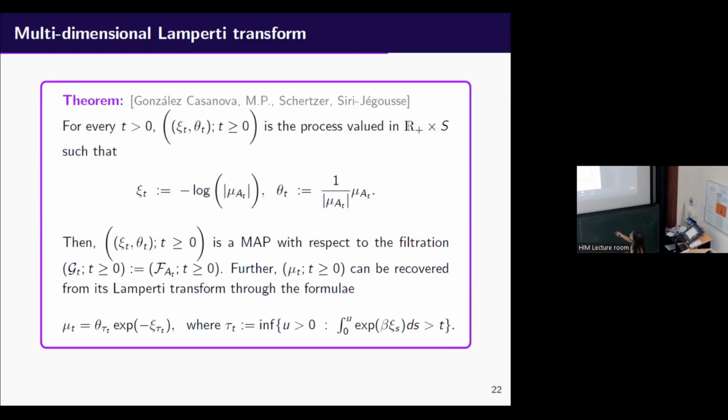Okay, so what we prove is that if we take the multidimensional Lamperti transform, then you have this process psi t that is defined like this, and theta t, which is the spherical component, and it's a Markov additive process.